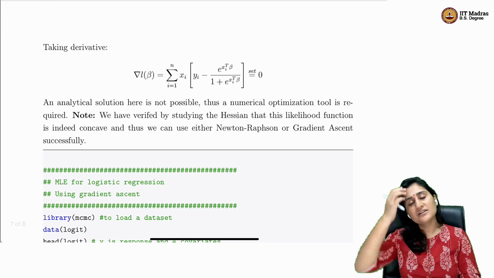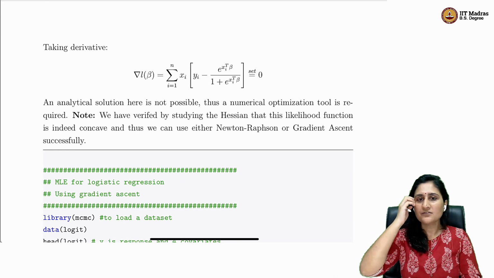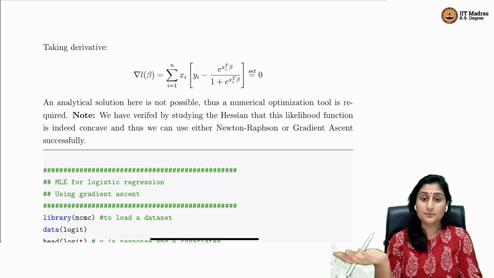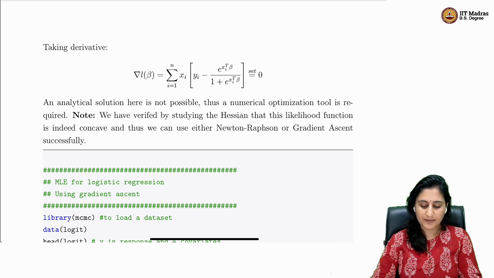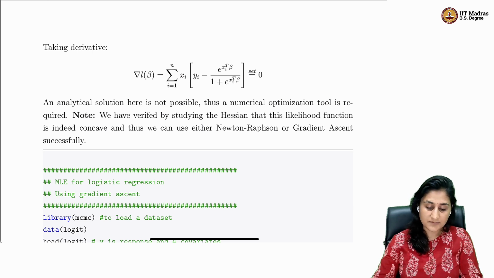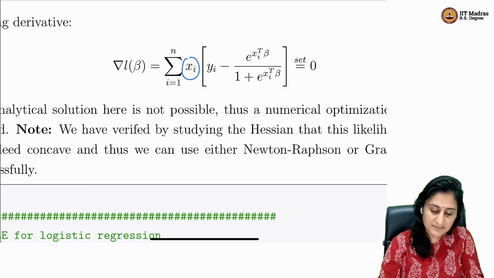And when I take the derivative, again, I did this in the previous Newton-Raphson video because in Newton-Raphson, we needed both the derivative and the Hessian. But when I take the derivative, I get summation i going from 1 to n, xi times yi minus e to the power xi transpose beta by 1 plus e to the power xi transpose beta. Now, what's the thing to note here is that this xi is in Rp.